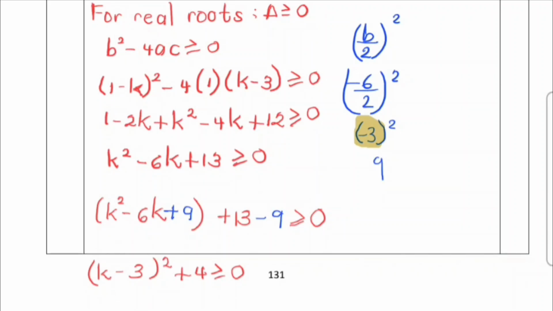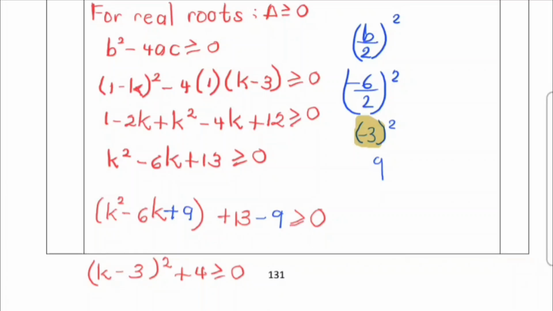And by writing your answer in this format, it shows you that no matter what the value of k is, your roots are always going to be real. Because when you have this bracket squared and you're adding on 4, that will always allow your discriminant to be greater than or equal to 0. And you can see this, for example, if you take k to be 0 here. If you substitute 0, you're going to end up with a value that's bigger than 0. If you substitute 1 as well, you'll end up with 0 as your answer.